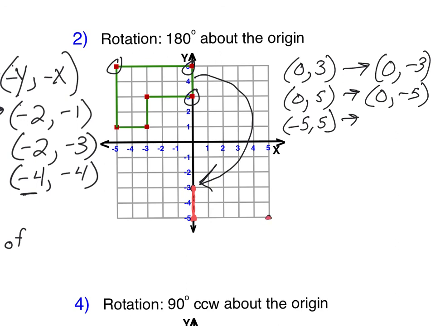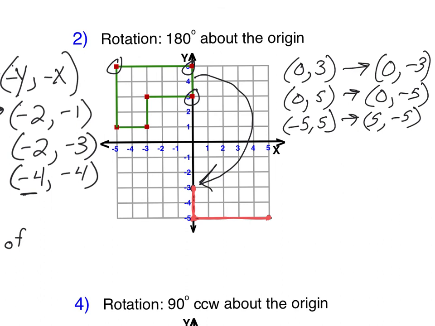Again, I'll draw it in red. So that means we're now switching the sign of the first and switching the sign of the second. And that's all there is to it. I said I was going to draw it in red, and I drew it in black. So there's that side.